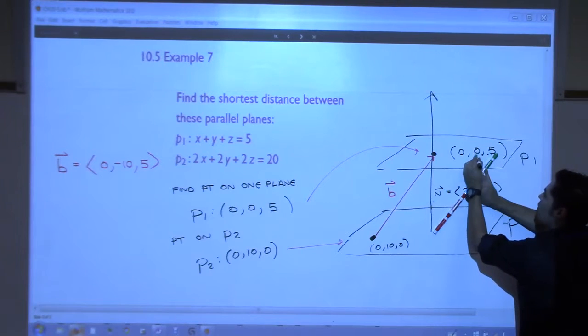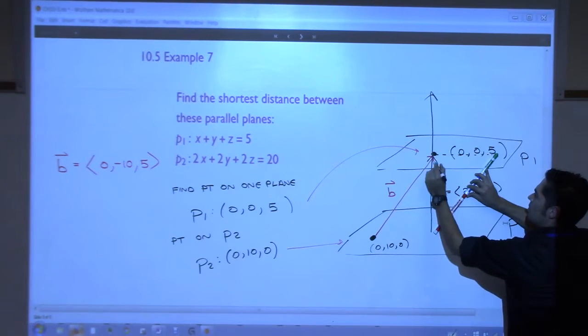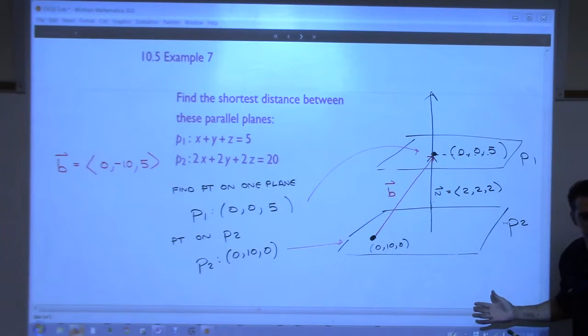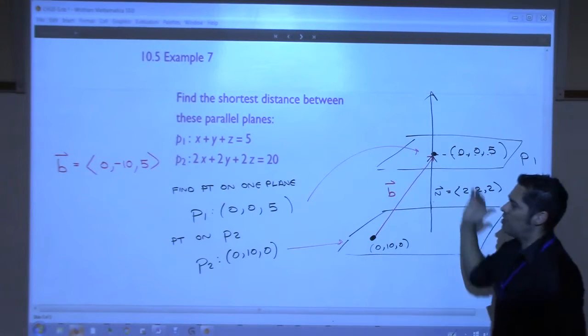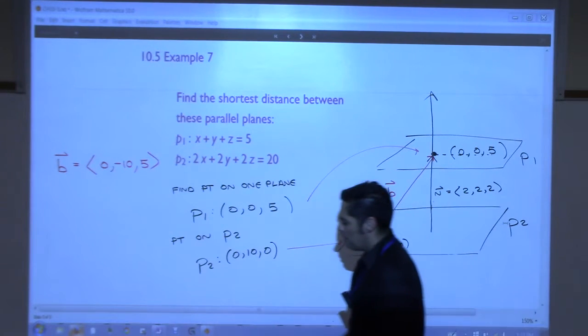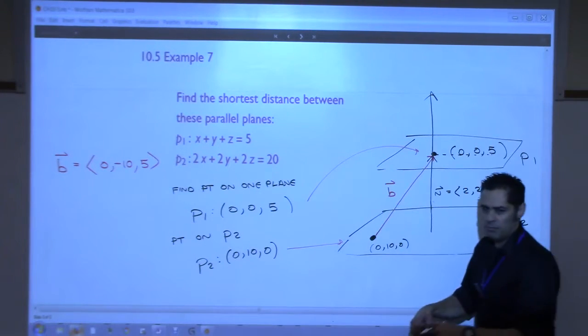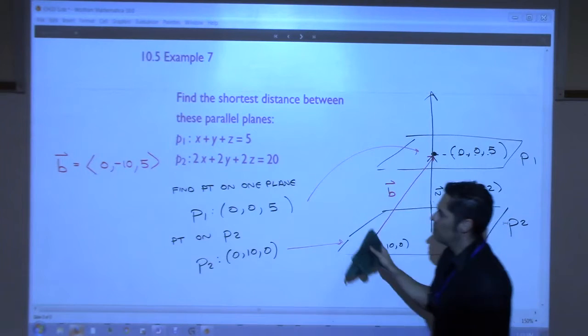And then project it over, then this projection vector right here, its length is the distance, which is just the formula that we just came up with. How many of y'all see this visually, what's happening? Show of hands. If you don't, it's okay, but yeah? If you're just one of those people like, give me the formula, then you don't have to worry about all this, but you better know how to get B, how to get N, and then do the computation.